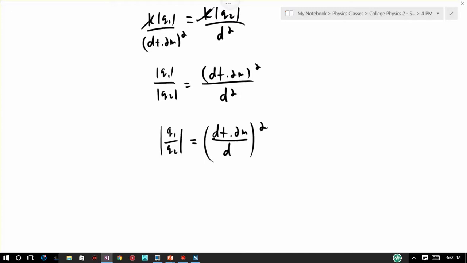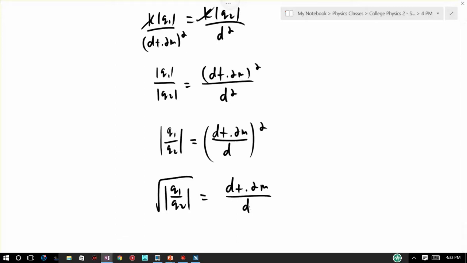It's always the positive answer. It's just how it works out for these total electric field equals 0 problems. So you don't worry about the negative. Just pay attention to the positive.